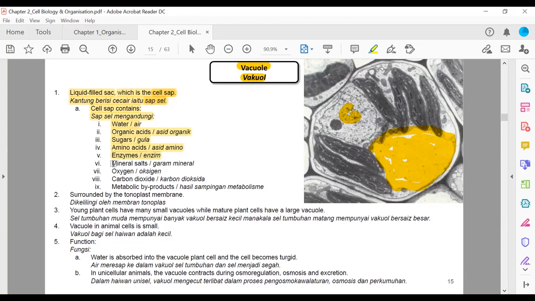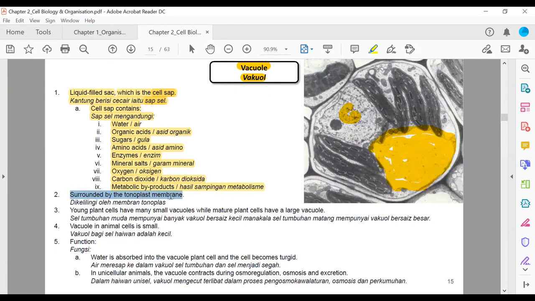Enzymes, mineral salts, garam mineral. For example, sodium, potassium, semua tu. Oxygen, carbon dioxide, and metabolic byproducts, hasil sampingan metabolisme. So this is the content of the vacuole. Okay, baik.